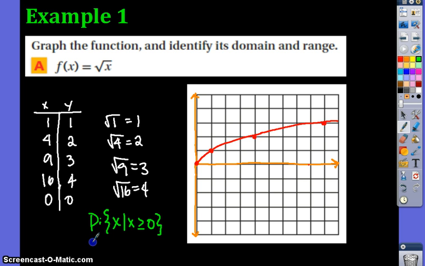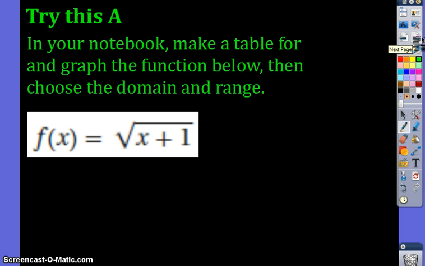And our range, since we limited it to just the positive ones, is y such that y is greater than or equal to 0. So that's the domain and range for this function. Why don't you guys try this one? In your notebook, make a table and a graph, and then answer this question about the domain and range.